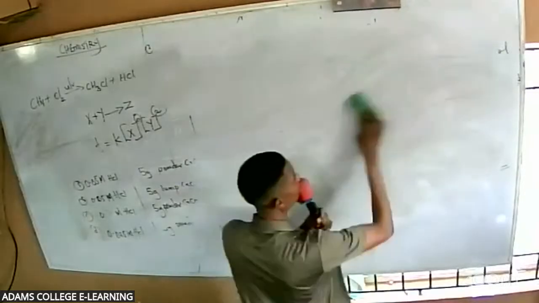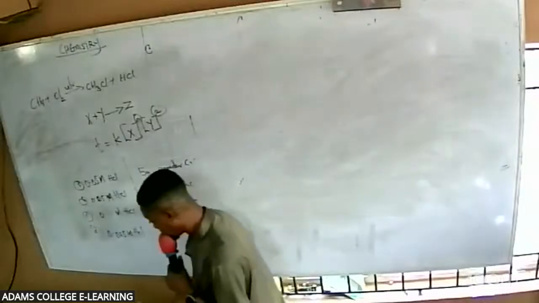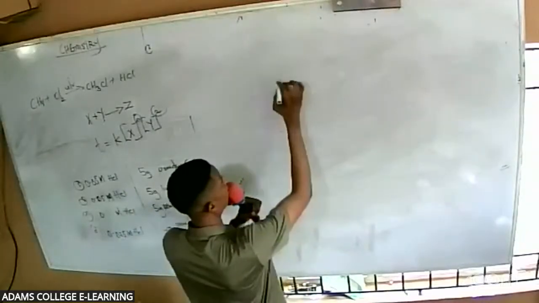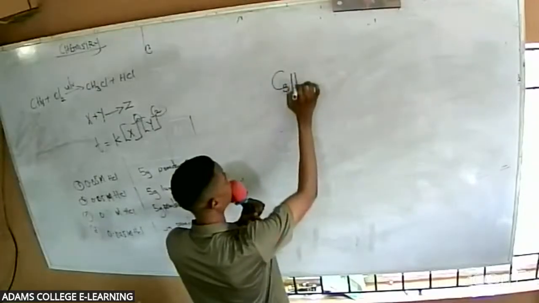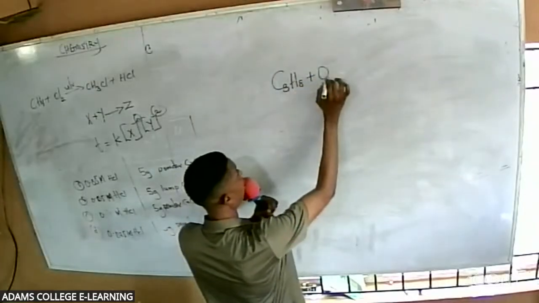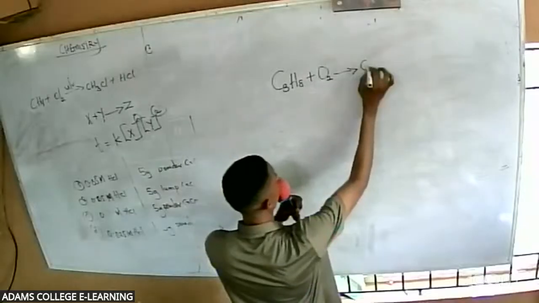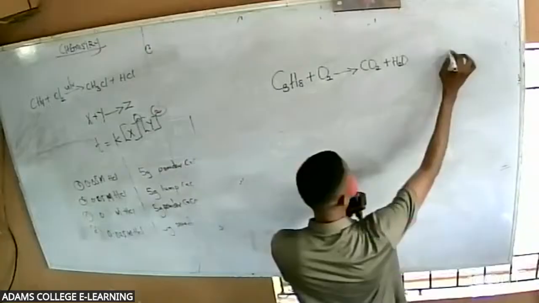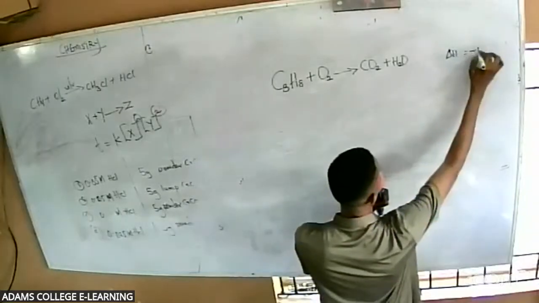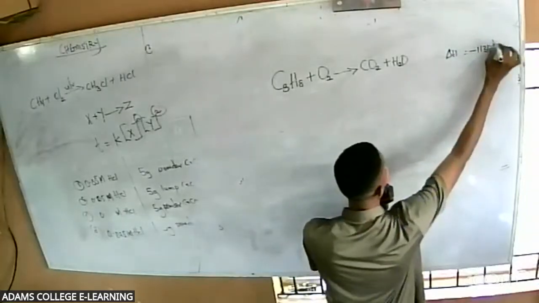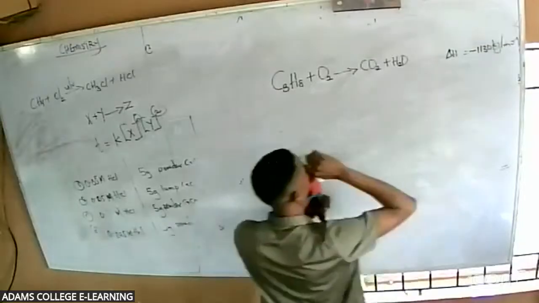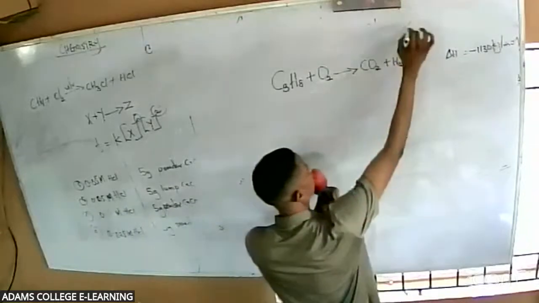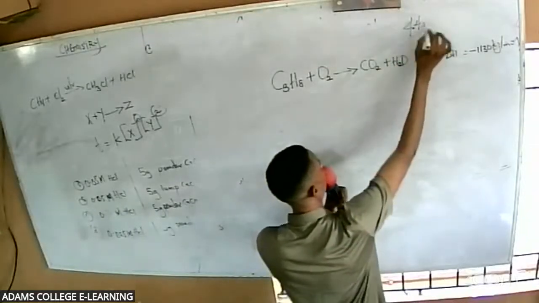They give energy. I know we don't have issues there. What's the compound? Propane, that's C3H8. When this undergoes combustion, it will give us CO2 plus H2O. What's the amount of energy liberated? Minus 1130 kilojoules per mole. Now we are looking for the energy released by 4.4 gram.